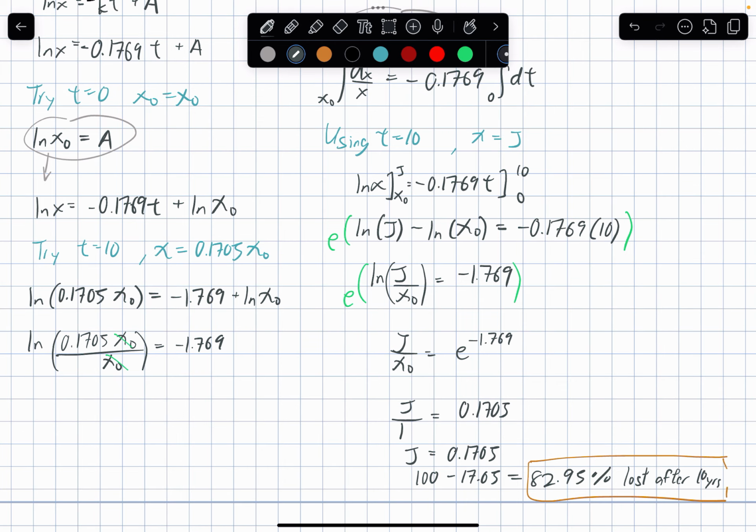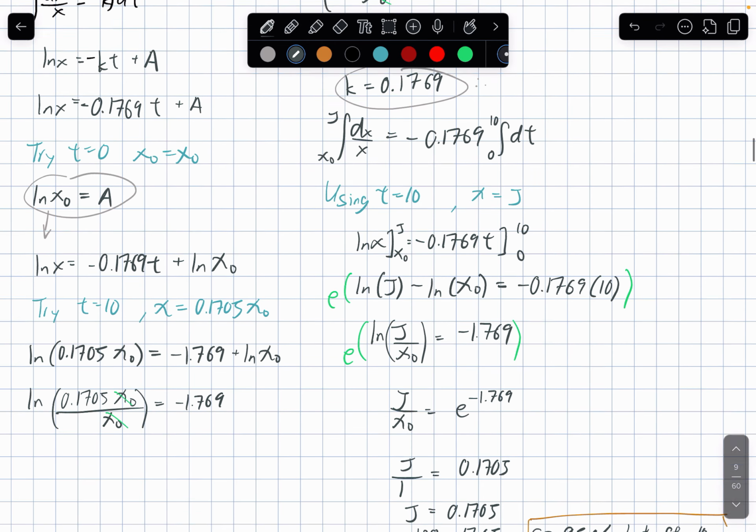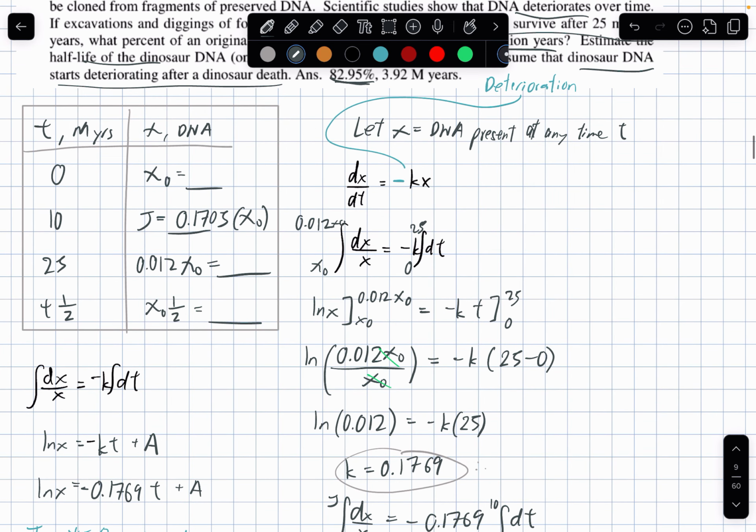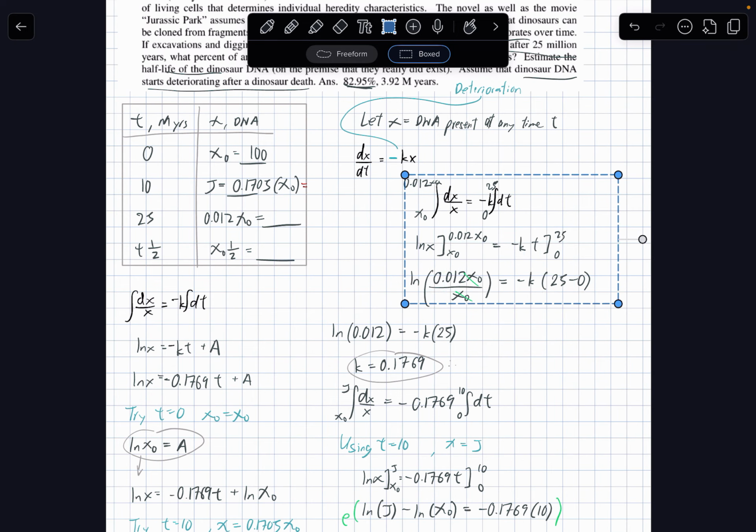So we were able to find this answer on the assumption that x sub o is 1, or let's say 100%. Therefore, let's just move this here.